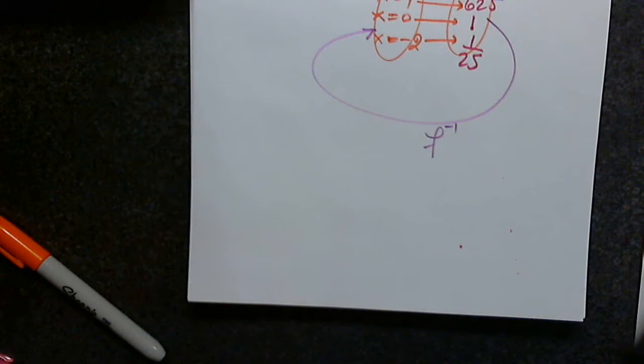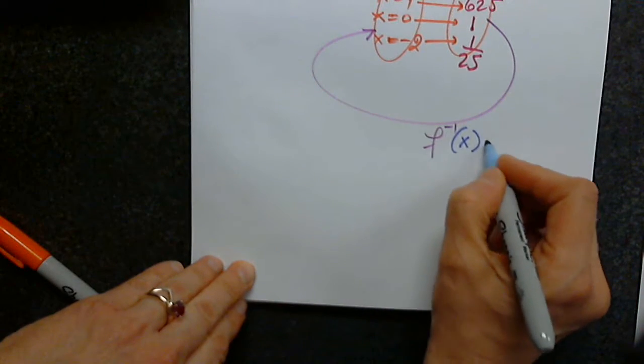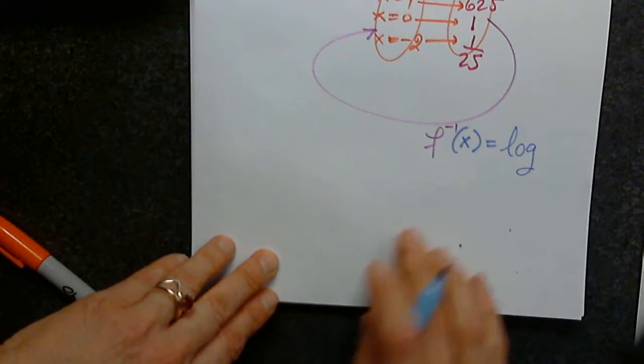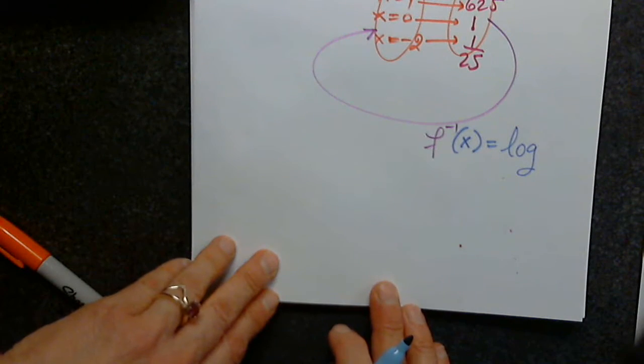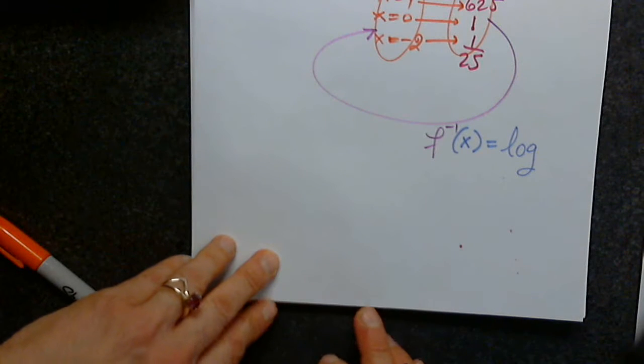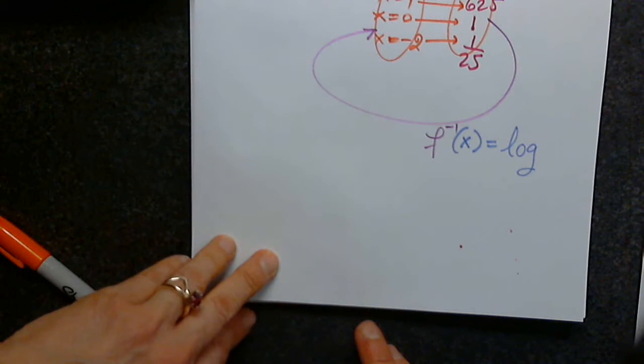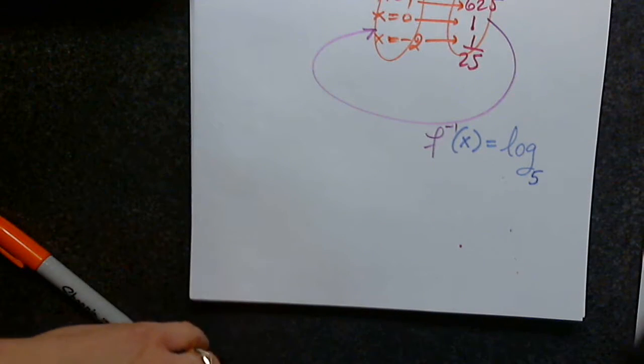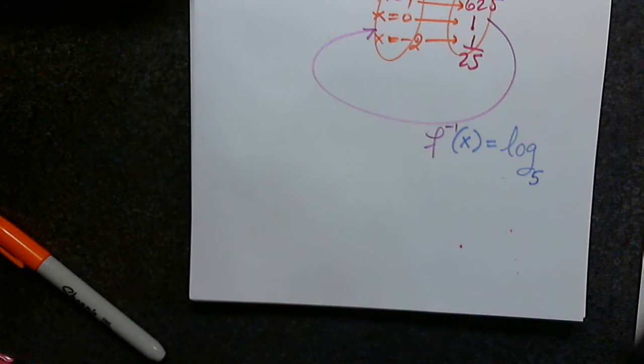The notation for this function is log. What should the base be? It has to be the same base. There is no way I can apply a function with base 3 to 625 and get 4.